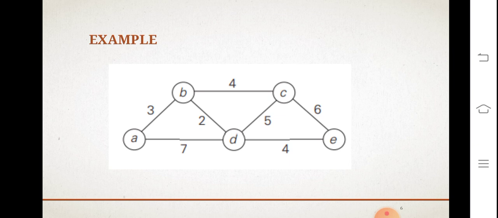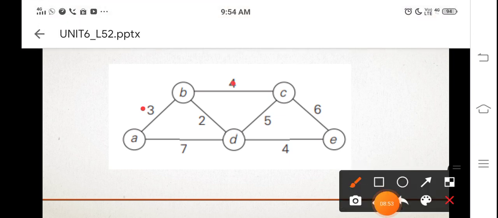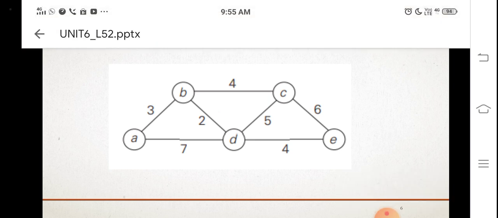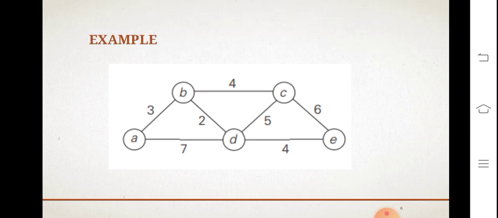How many edges are there? 7 edges are there, and 5 vertices are there. So we'll apply Dijkstra algorithm for this graph and check what kind of minimum spanning tree we get after applying the Dijkstra algorithm for this graph.